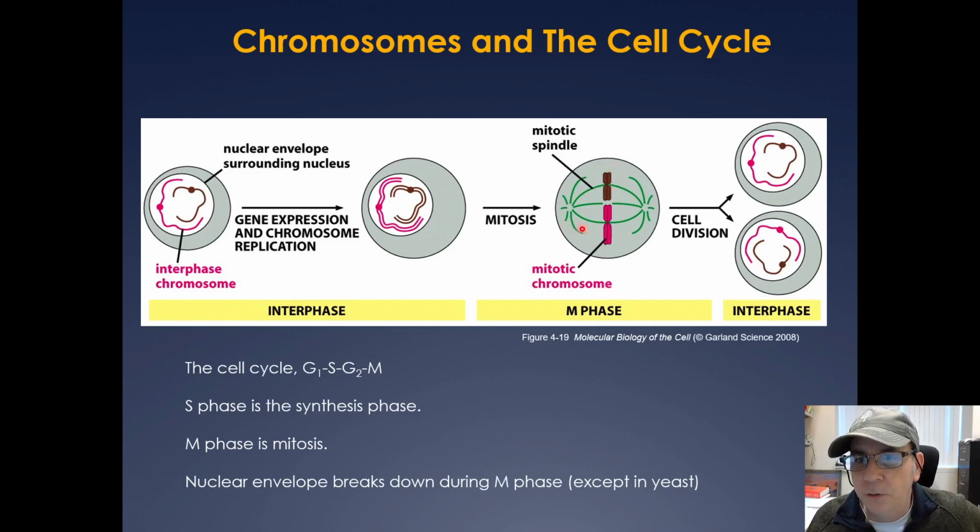They're attached to the mitotic spindle, and then they get pulled apart in mitosis or M phase, and then get segregated into two individual cells that go back into interphase, typically G1 at this point. One of the things that happens here, which isn't shown, is the nuclear envelope. Actually, it does show it because the gray is the cell. The nuclear envelope actually breaks down during M phase, except in Saccharomyces cerevisiae.